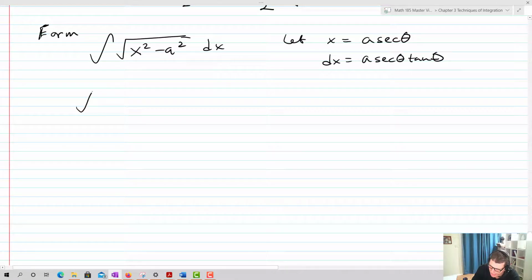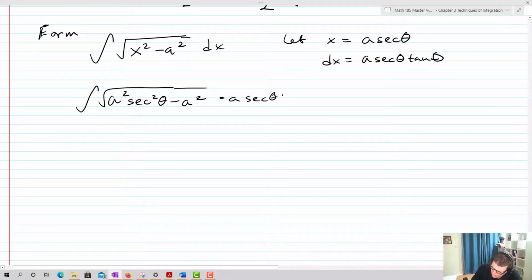When we substitute back in, we'll end up with the square root of a squared secant squared theta minus a squared, times a secant theta tan theta d theta.